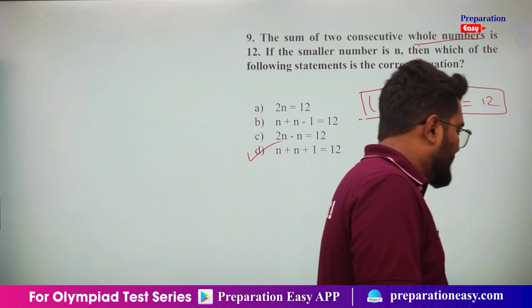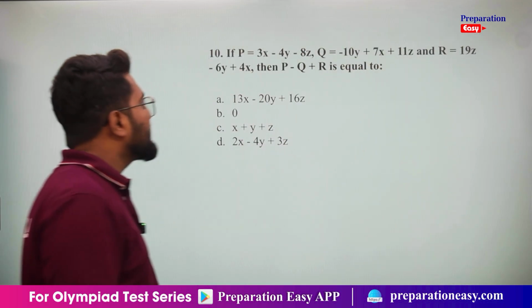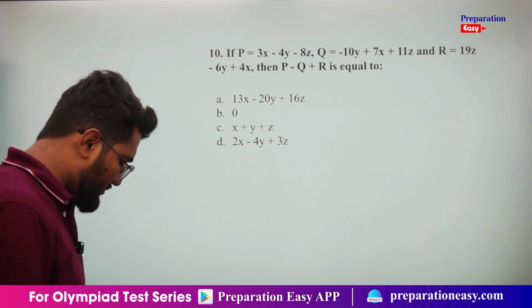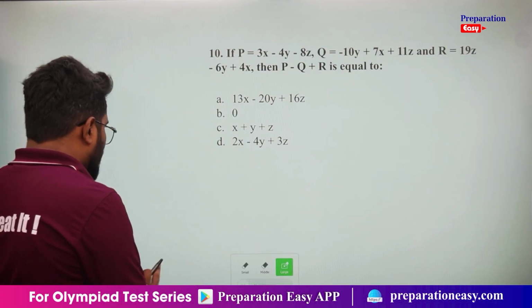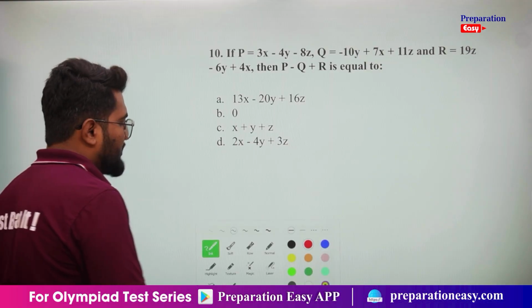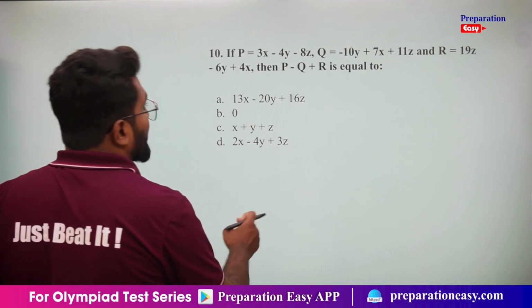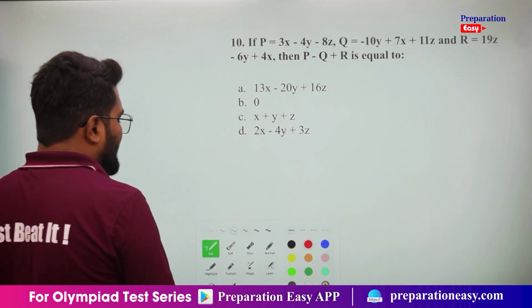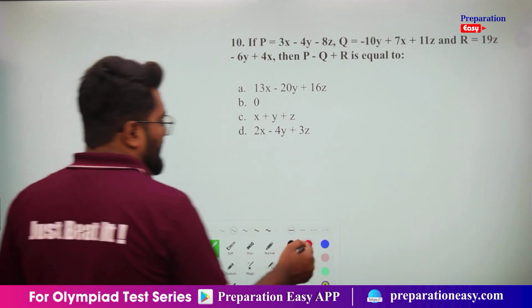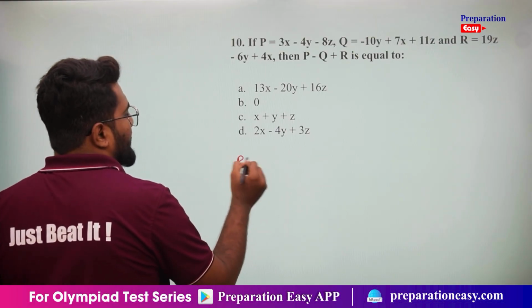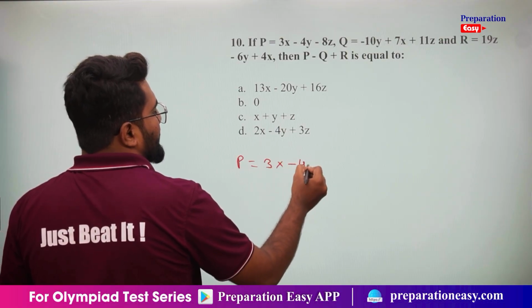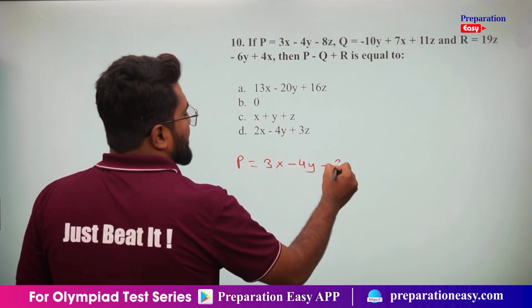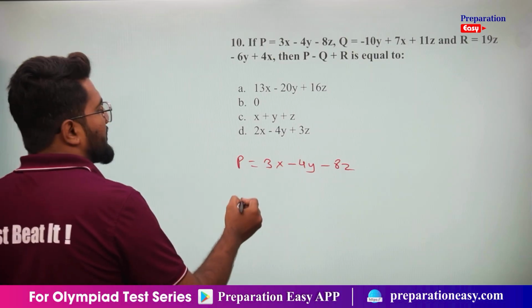Okay, let's move towards the next question. Next question is question number 10. Values are given: if P equals 3x minus 4y minus 8z, what is Q?